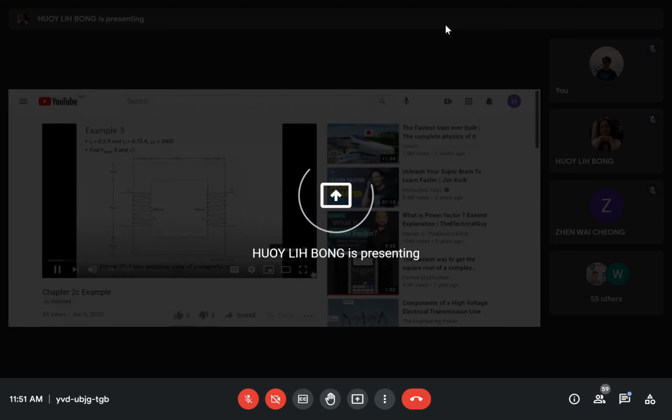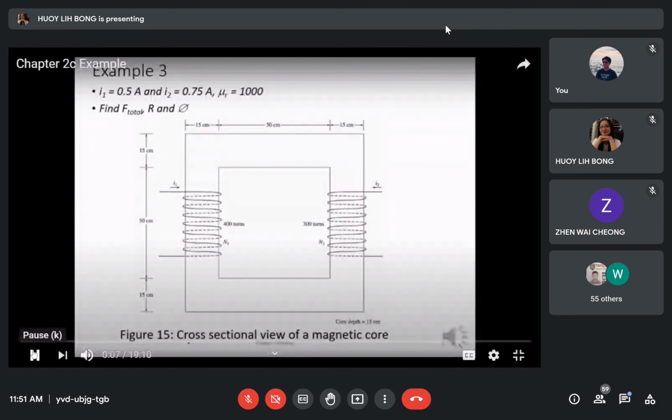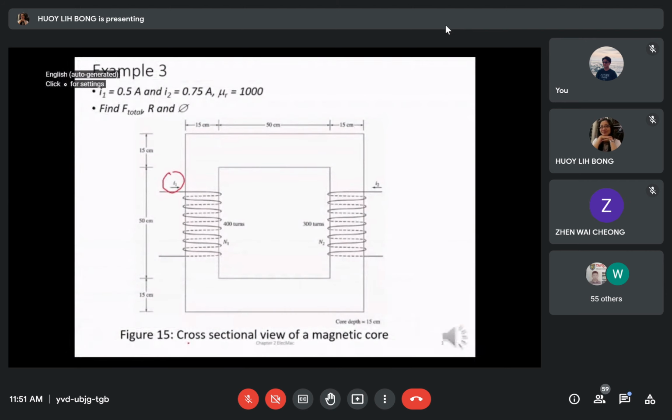We are given a cross-sectional view of a magnetic core with current I1 as 0.5 amp, current I2 as 0.75 amp, with the number of turns at N1 400 and N2 as 300. The relative permeability is given as 1000. Find the total MMF, the reluctance, and the flux of the core.